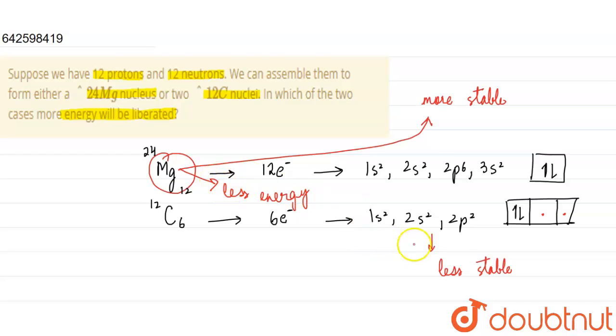And in this case we are going towards less stability. That means less energy would be liberated, but it would have more energy. Are you getting my point? This thing would have more energy, but less energy will be released.